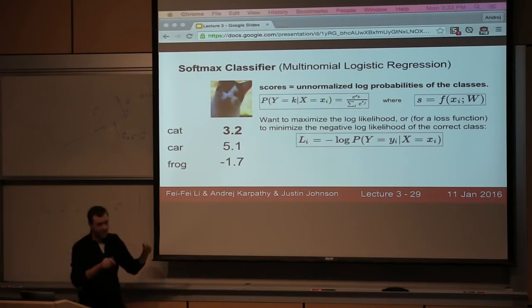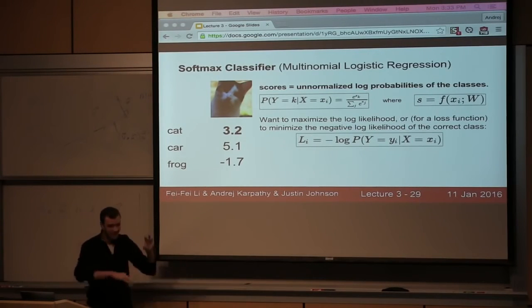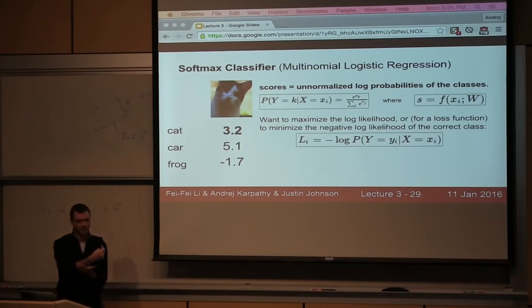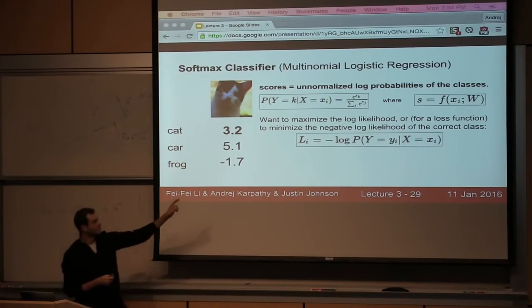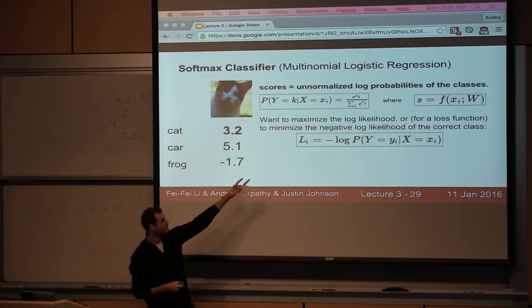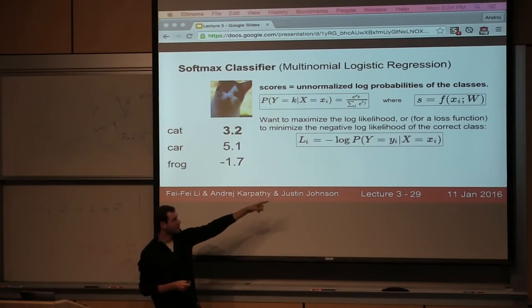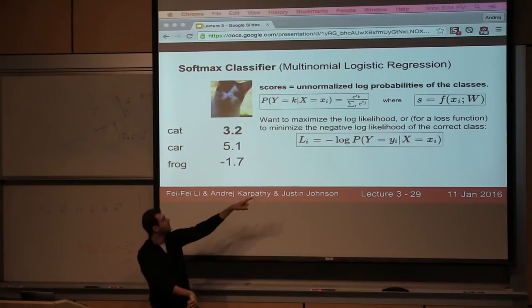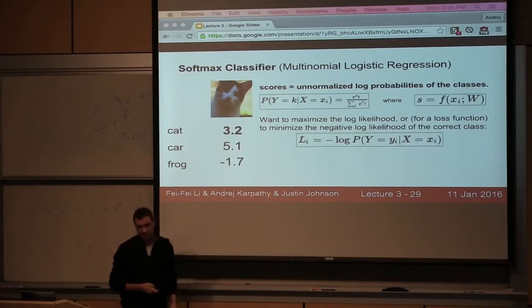And since we're writing a loss function, we want to minimize the negative log likelihood of the true class. Okay? So you end up with a series of expressions here. Really, our loss function is that we want the log likelihood of the correct class to be high, so the negative of it wants to be low. And the likelihood is the softmax function of your scores.